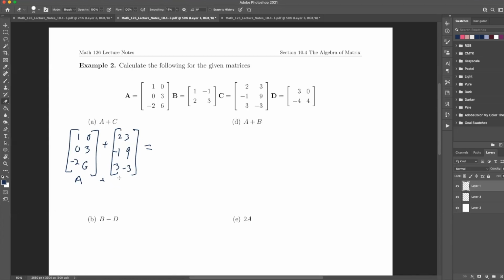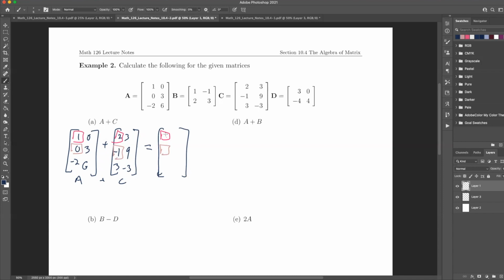So we're just going to do it entry by entry. So here, let me just show you what I'm going to do before I do it. I'm going to take this entry and add it to this entry to get this one. I'm going to add this entry to this entry to get this one. Okay, and then so forth.